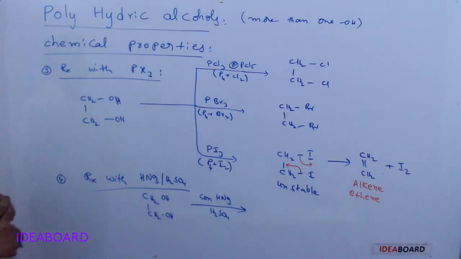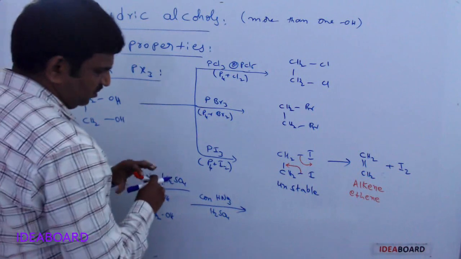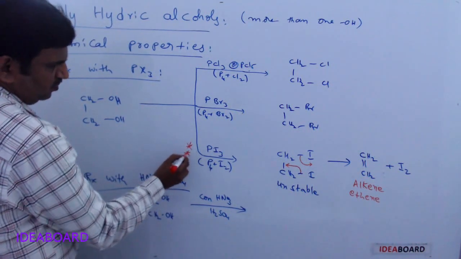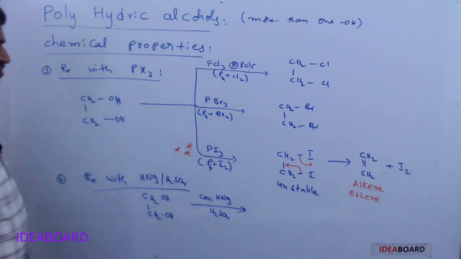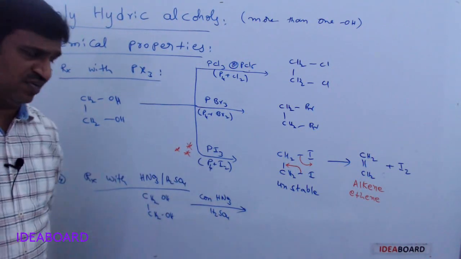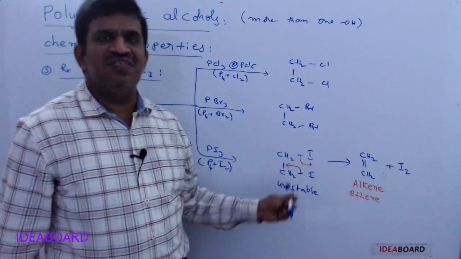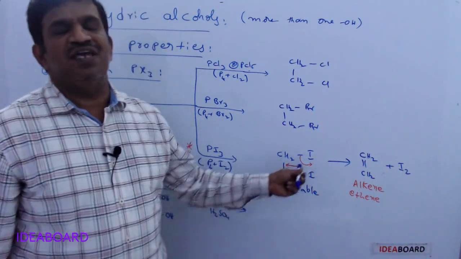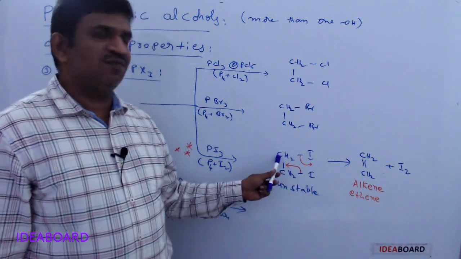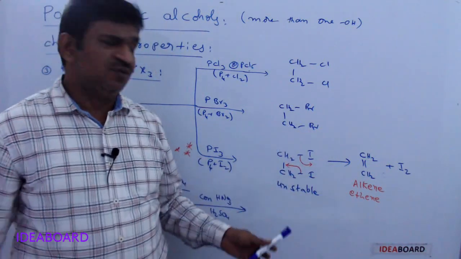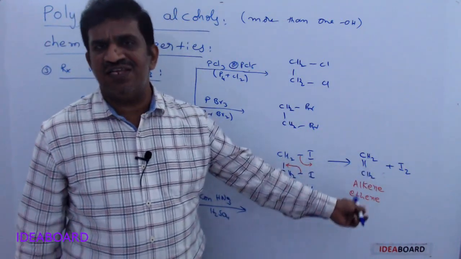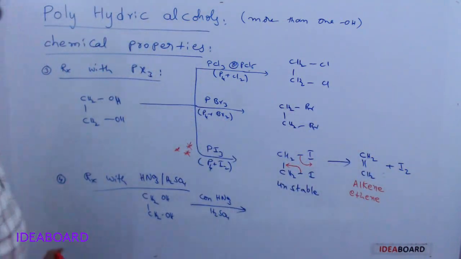Please remember this is important; they asked this previously also. So ethylene glycol reacts with phosphorus triiodide, or red phosphorus and iodine mixture, and first forms ethylene diiodide, but this is unstable. Why? Because carbon is small and iodine is a bigger atom. So it rearranges to give the alkene and iodine is released.